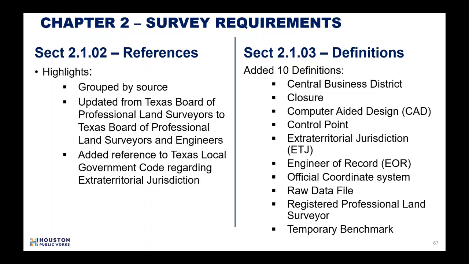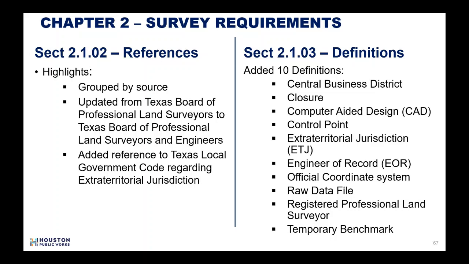References to state statute are grouped. As was alluded to earlier this afternoon, we updated for the new combined board, the Texas Board of Professional Engineers and Land Surveyors. We also added references to the local government code that deals with ETJ, or extraterritorial jurisdiction.